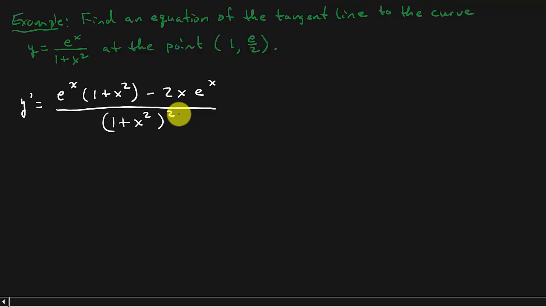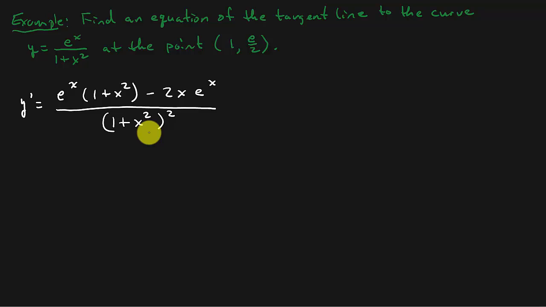Now, do we need to simplify this out? Really, when you think about it, you don't need to simplify it out, because this is not an answer for us. We're not finding the derivative. We're finding the equation of a tangent line.